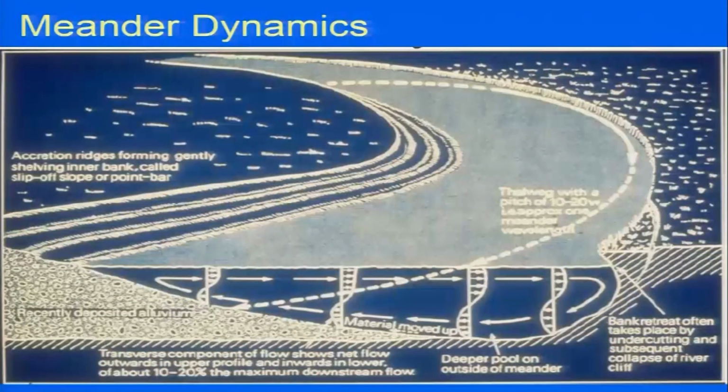Meandering dynamics: if we take again the same part which we discussed in the previous one, the deposition will keep on taking place over here, and the channel will keep migrating in this direction, whereas the erosion bank will also migrate towards this side. As we were discussing in one of the slides, if we have an urban settlement sitting on top of this, this is not an ideal situation, because this bank is an erosive side, so it will keep on eroding during the peak flood.